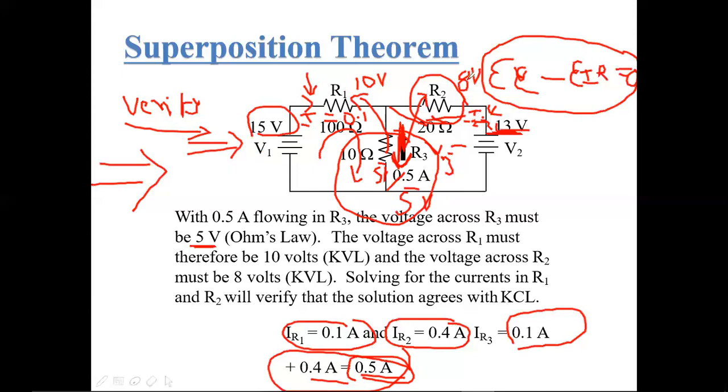Then if you know the voltage and the resistance, you can easily find the current flowing through these resistors. These two currents, through R1 and R2, are entering R3, hence the current through R3 is the summation of the currents through R1 and R2. So this is the verification of whether your answer is correct or wrong. Hope that is clear.